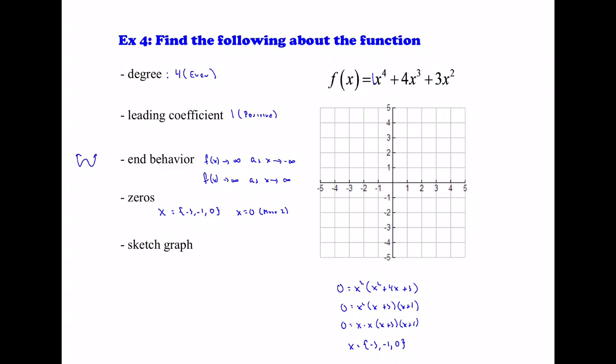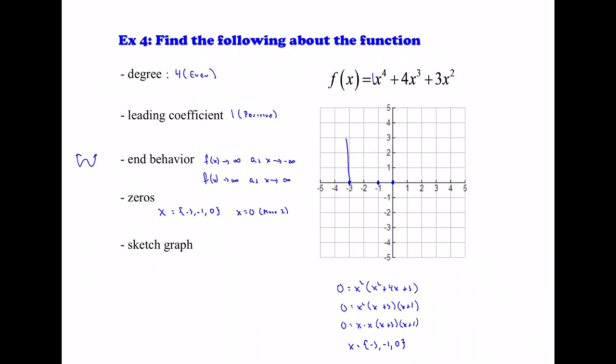Now we will sketch the graph knowing that it's going to cross the x-axis at -3 and -1, and since 0 has a multiplicity of 2, it's just going to touch the x-axis at that value. Since it's an even degree and opening up with the positive leading coefficient, we will start here.